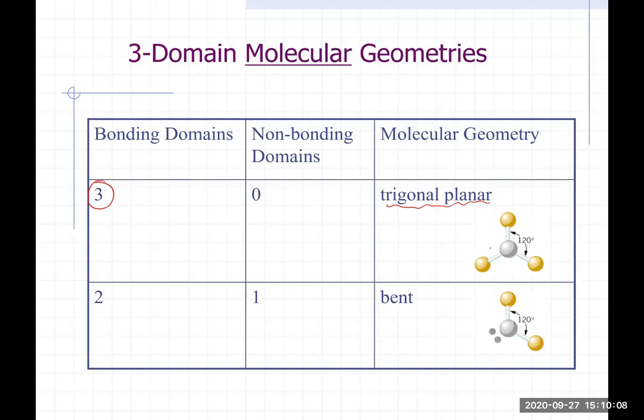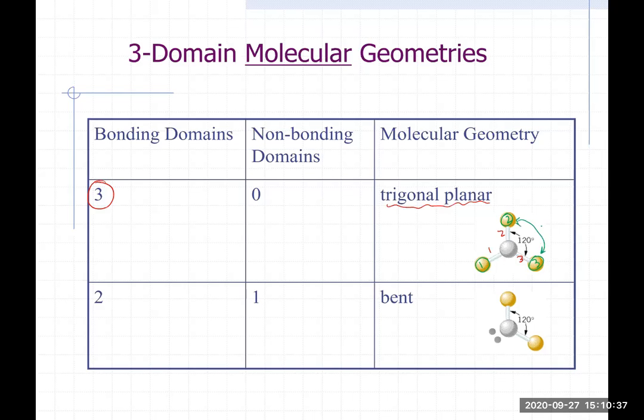We have 3 electron bonding domains, and each is 120 degrees apart. We have 3 atoms here, and each of those atoms is also 120 degrees apart.